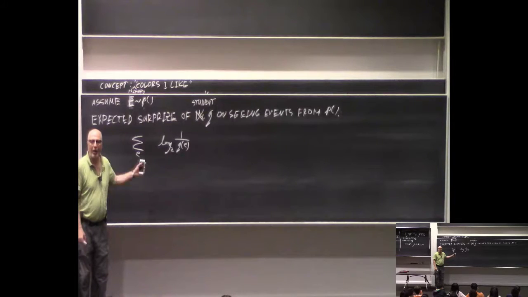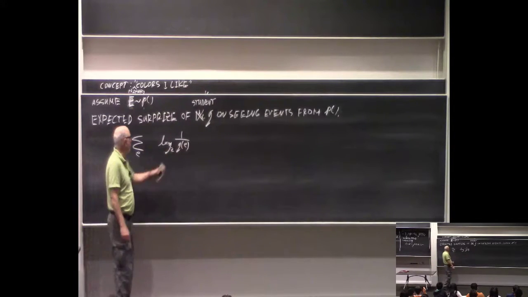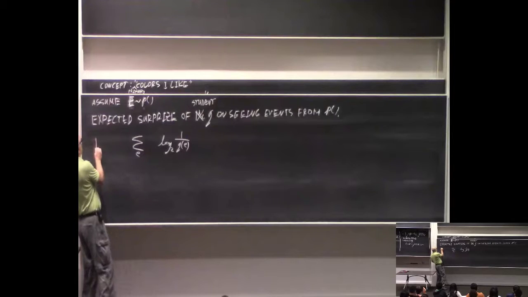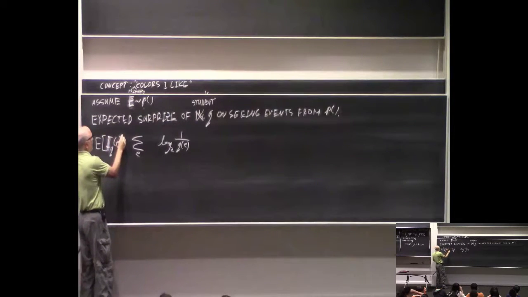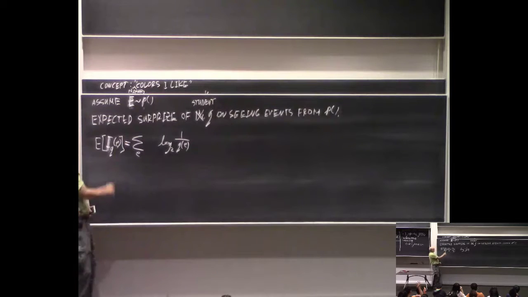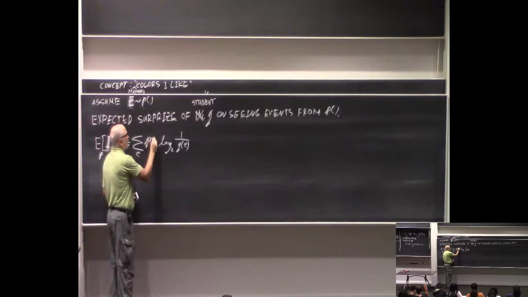But how much are they weighing each one? Expectation of this quantity, so this is the expected value of I sub Q of E. And the expected value is with regard to the truth, which is P. So they're weighing it here by P of E.